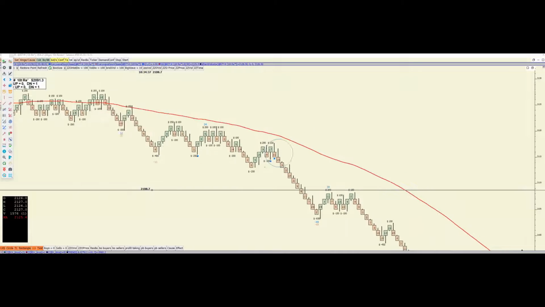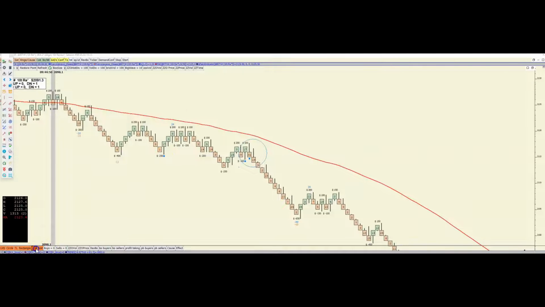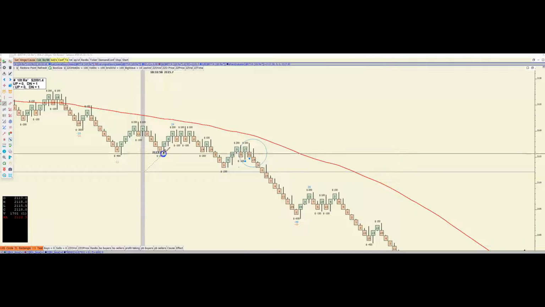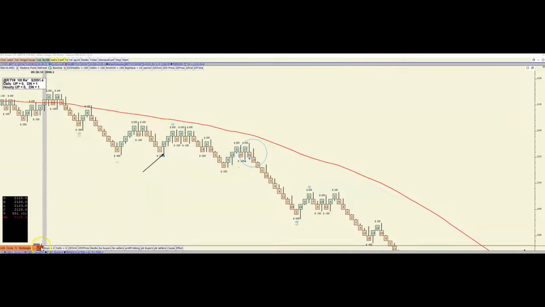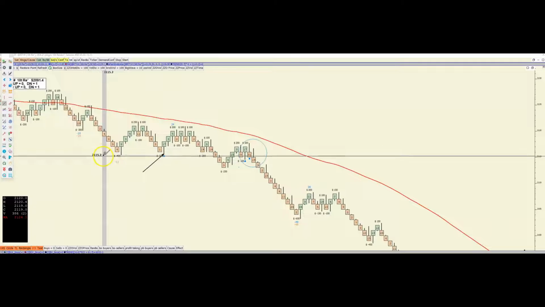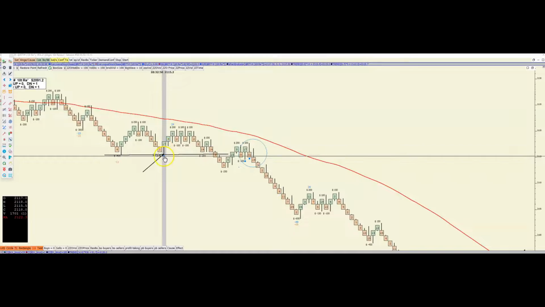I think they tried to hold the market right here. You see that? Where it says 17? Someone might have thought that was a good place to buy. So they bought, or maybe they covered, I don't know.